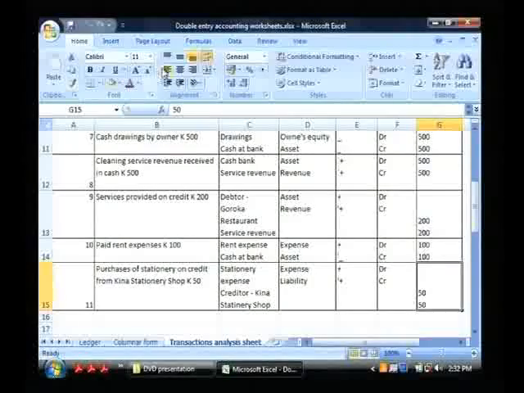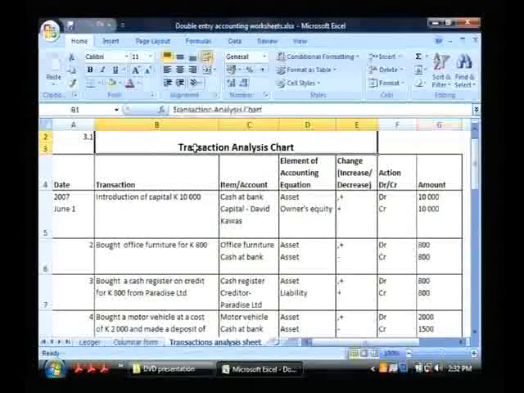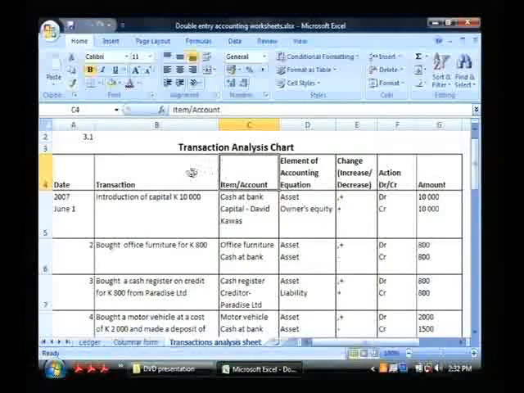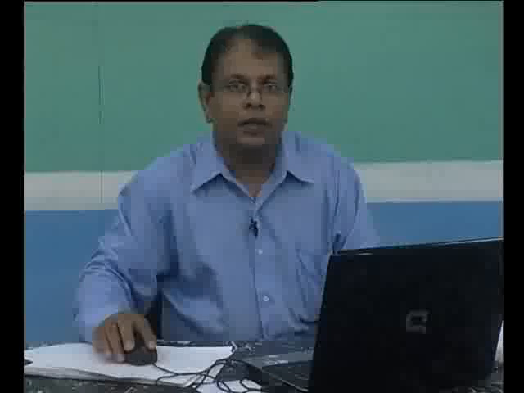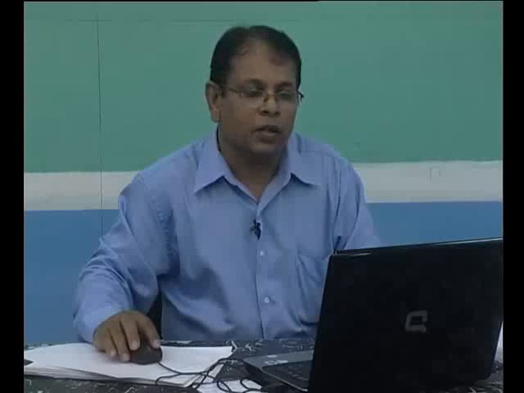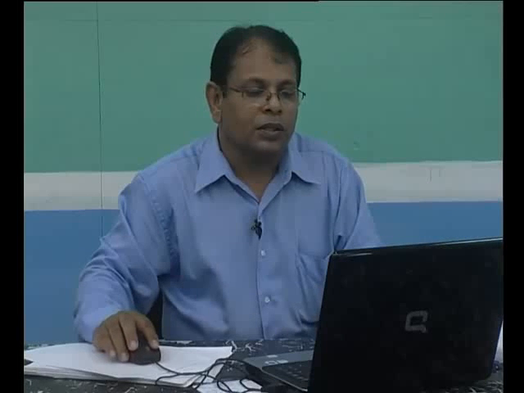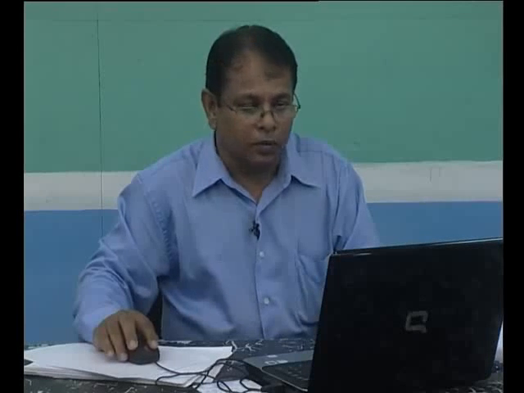So this is the completed transaction analysis chart. As I explained earlier, the transaction analysis chart is very important for us to understand the double entries and the accounts involved.